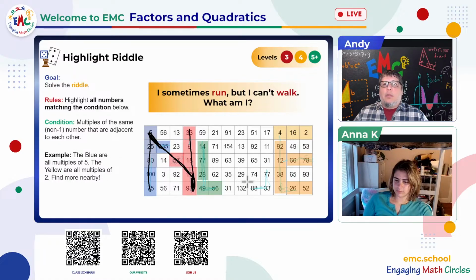I'll go with purple. 11 times 12, right?